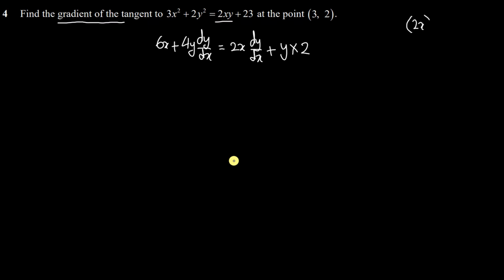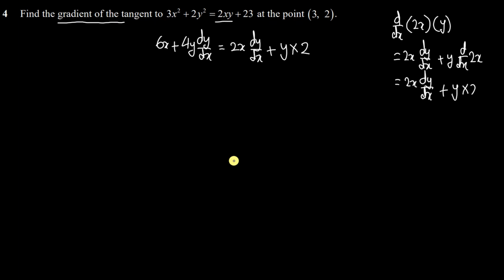We know 2x is one part and y is another part, d by dx. Then we know the product rule: 2x dy by dx plus y into d by dx of 2x. So from there we got this one, because y is a function of x, so y into 2. This is on the right side.